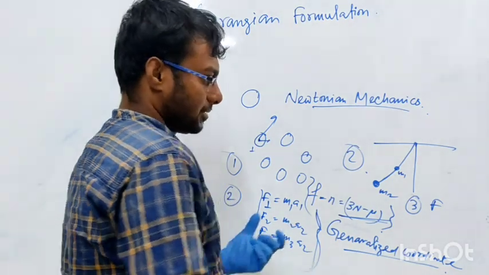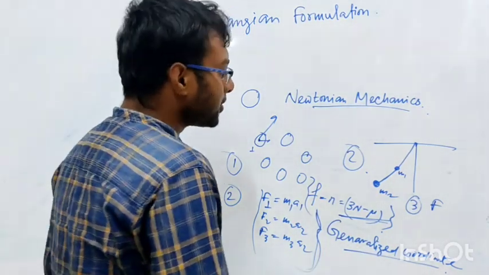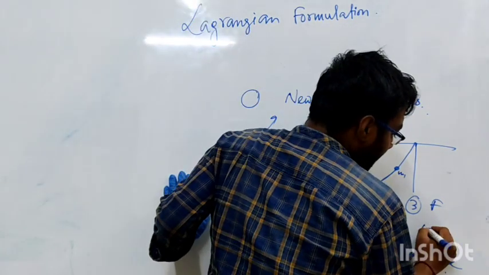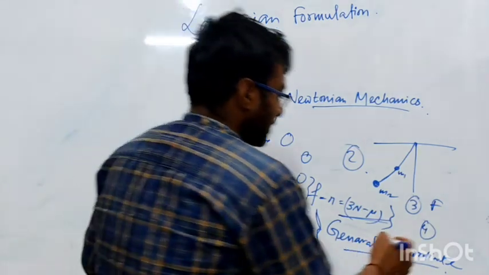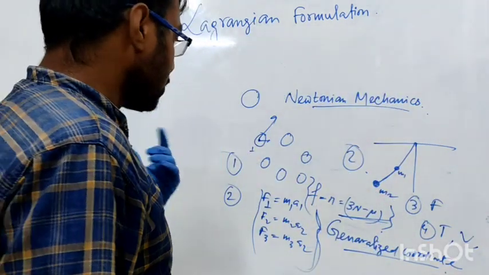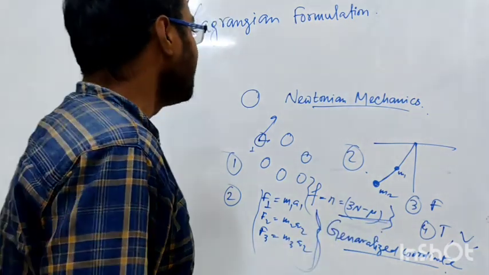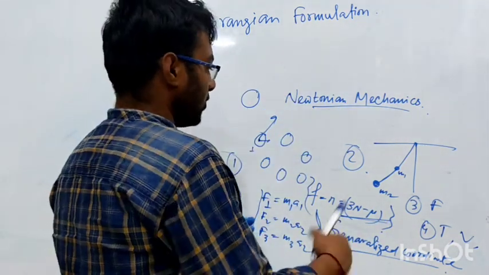For this complexity, we can use Lagrangian dynamics, because in Lagrange we deal with the energy of the system, kinetic energy T and potential energy V of the system. So these are the basic benefits. That's why we use Lagrangian dynamics rather than Newtonian for a complex system.